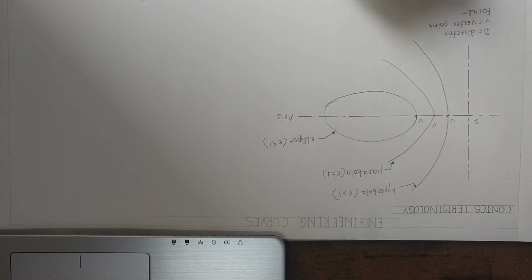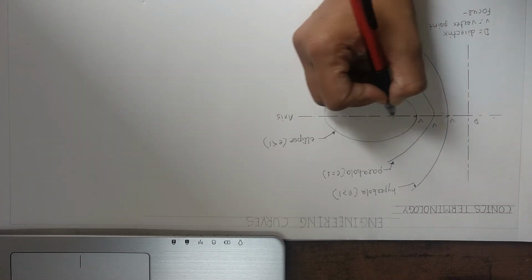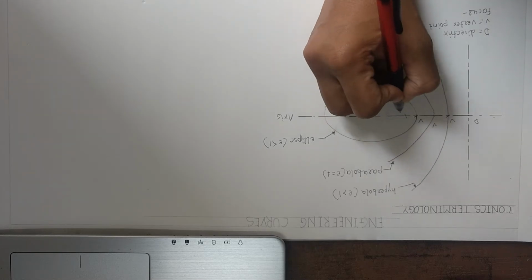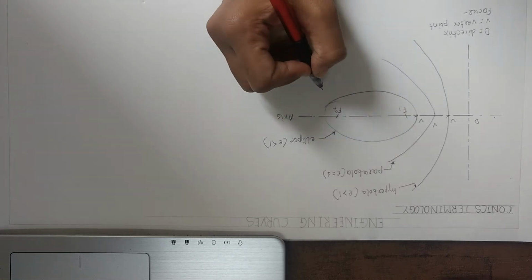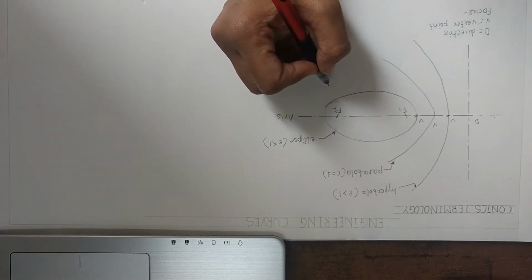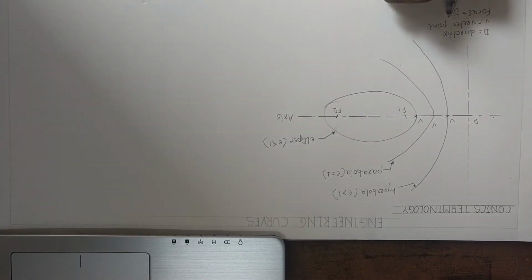Focus is actually the fixed point which is F1 and F2. So from this center, this is F1 and here it is F2. I'll tell you what exactly F1 and F2 are while we are drawing eccentricity. So now this is the fixed point, focus.